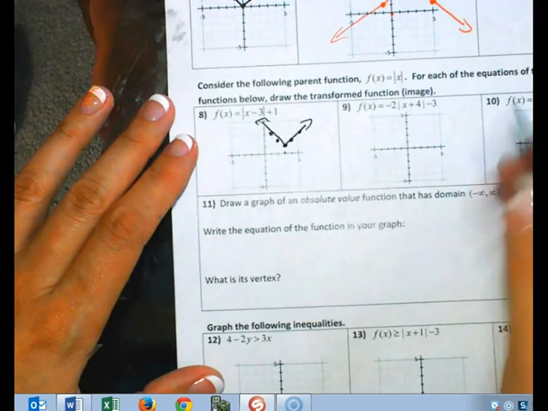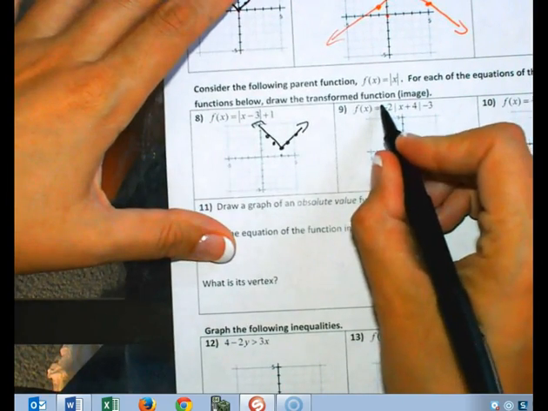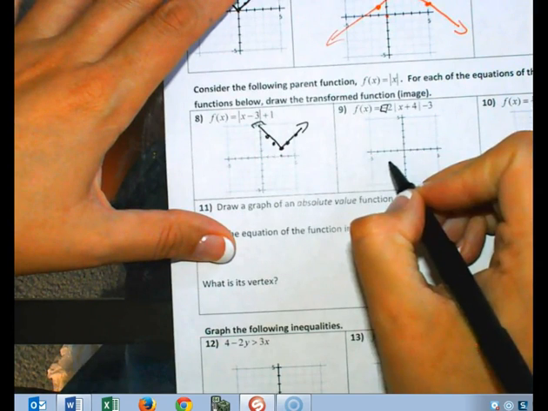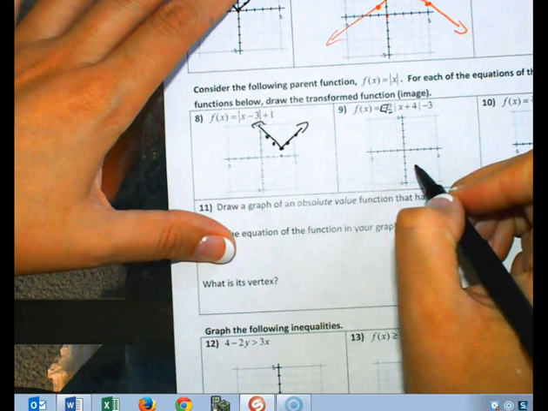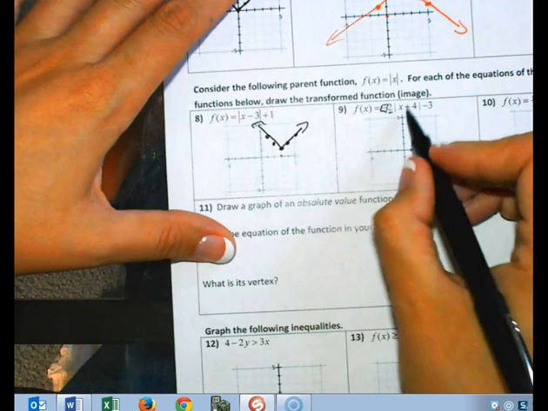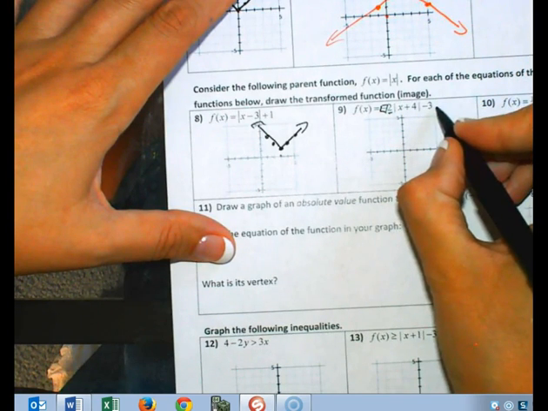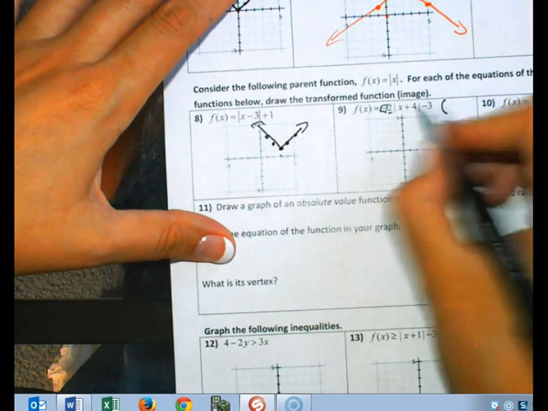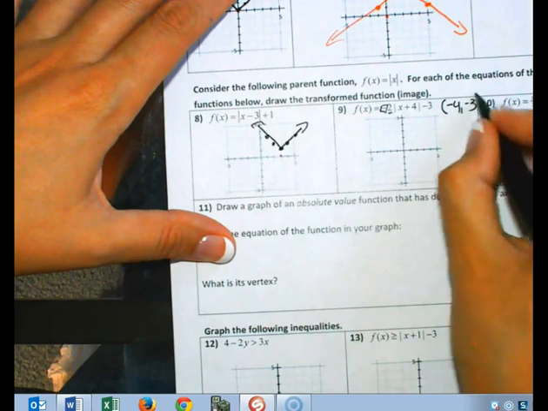Okay, next one. Here I see that you've got to look at each of these pieces. I have that negative, so it's going to flip over the x-axis. I have 2, so 2 over 1, so I'm going to go up 2 over 1, so that's a vertical stretch. I have +4, and then on the outside the -3. So I know just from looking at this that my vertex is going to be at -4, -3 because of insider's lie.